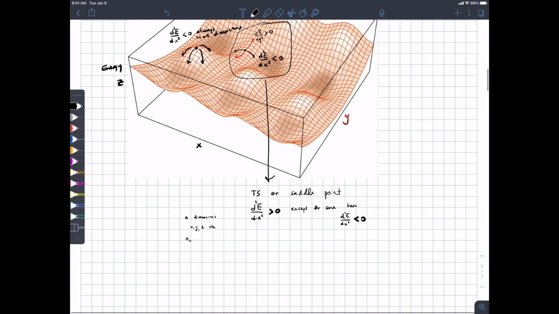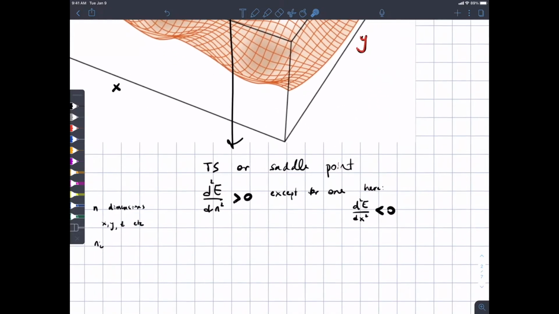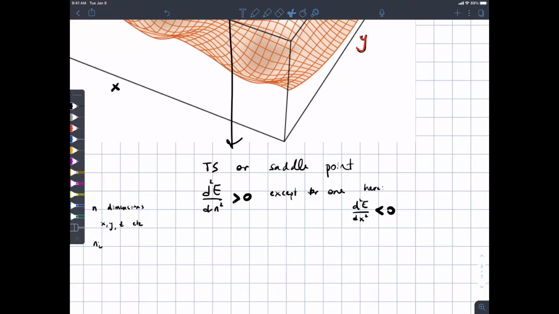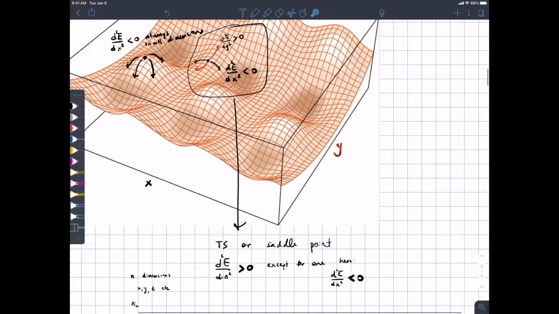At a saddle point, it's moving in only one direction that is less than 0, not all dimensions. So it's greater than 0 in all dimensions except, in this case, x, where the second derivative is less than 0.